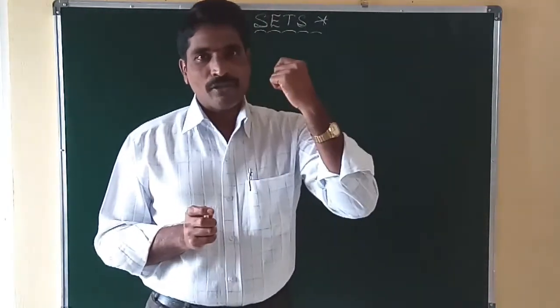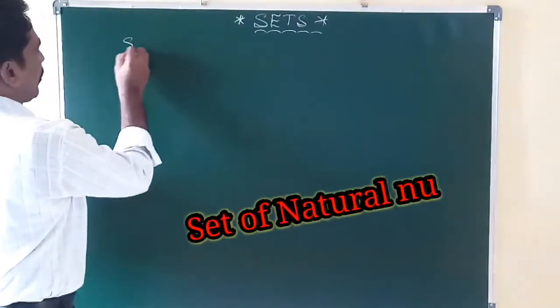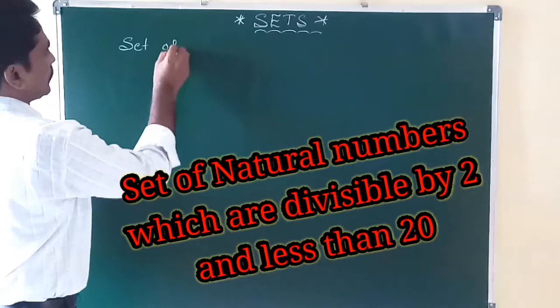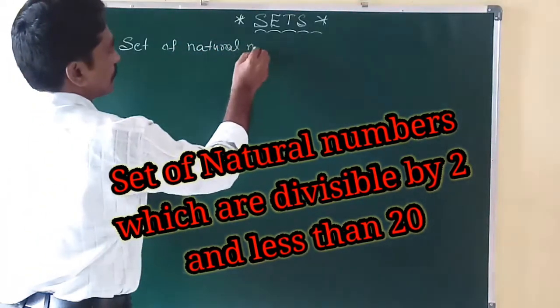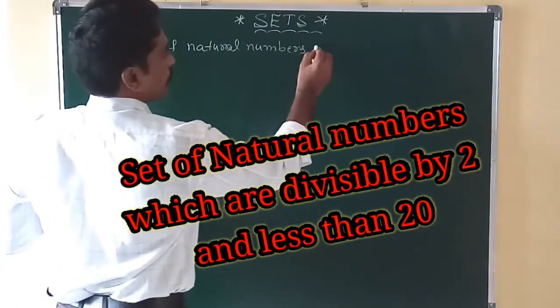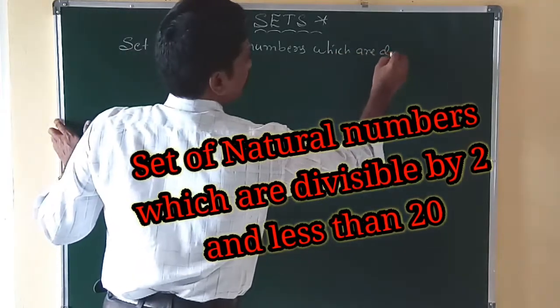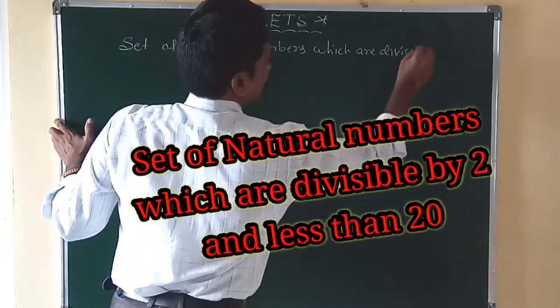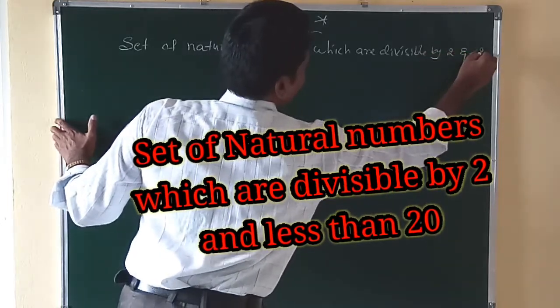Let's have a look at this example. Set of natural numbers which are divisible by 2 and less than 20.